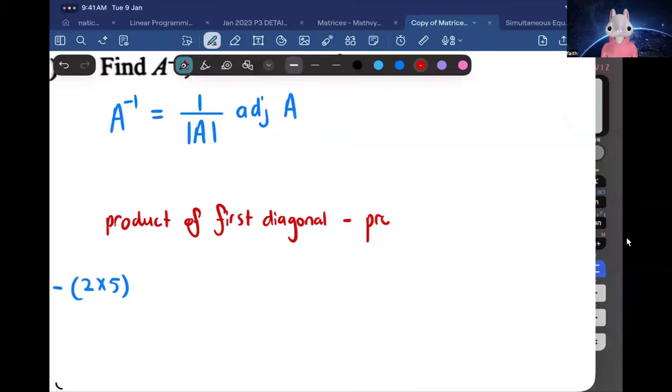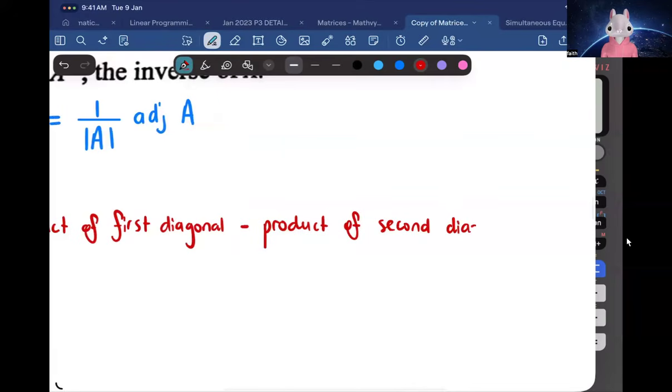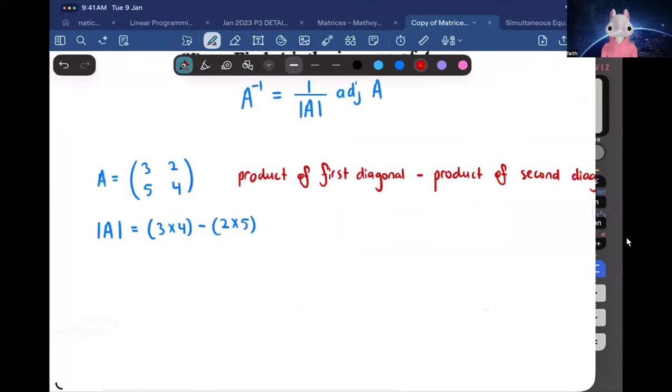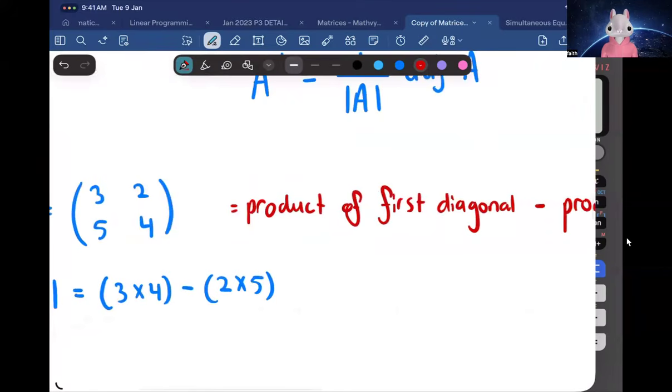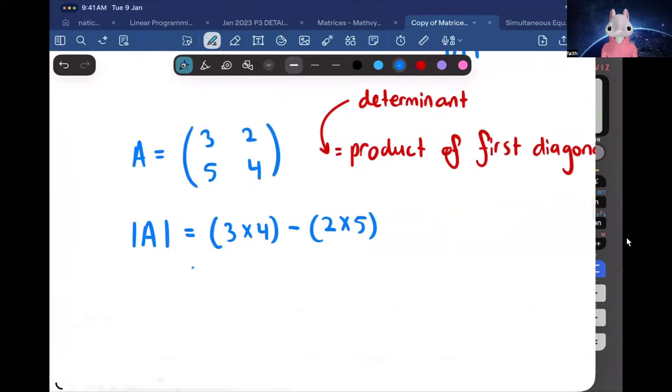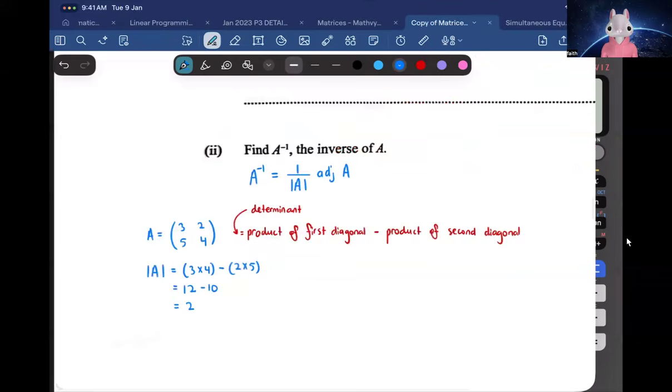Please try not to forget this. And this is how you will find the determinant. This is the determinant. Right, so 3 by 4 is 12. 2 by 5 is 10. 12 minus 10 is 2. Okay.